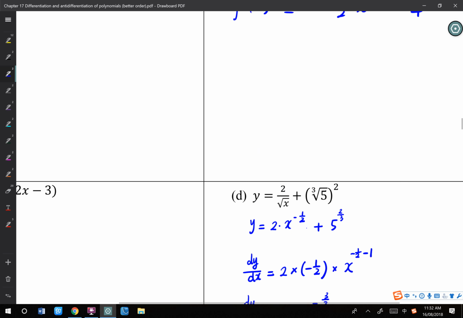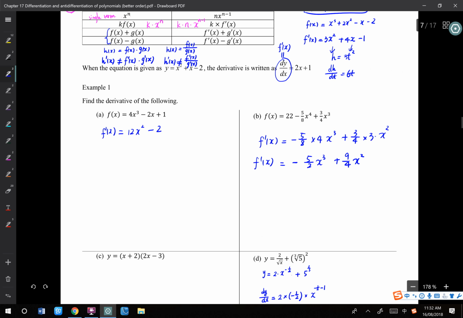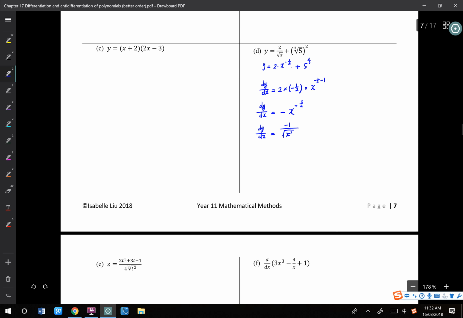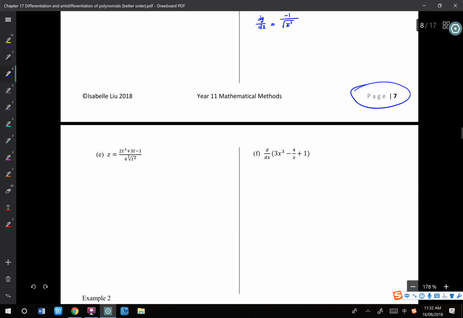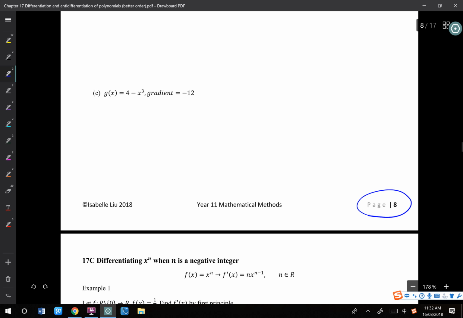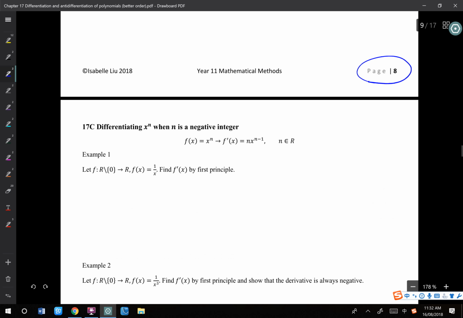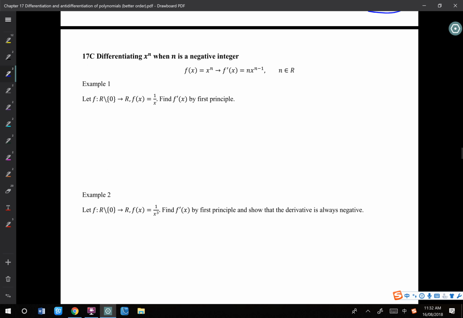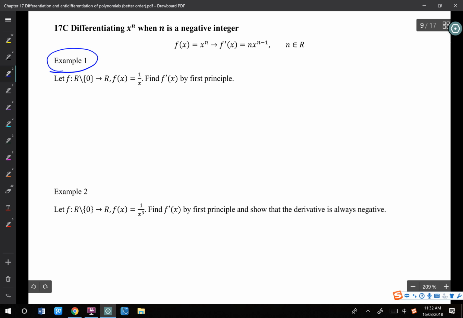Okay, so what I want you to do for the rest of the lesson is complete everything on page 7, page 8, and try first principle for example 1. Just give me 1 more minute, I'll just circle the questions.